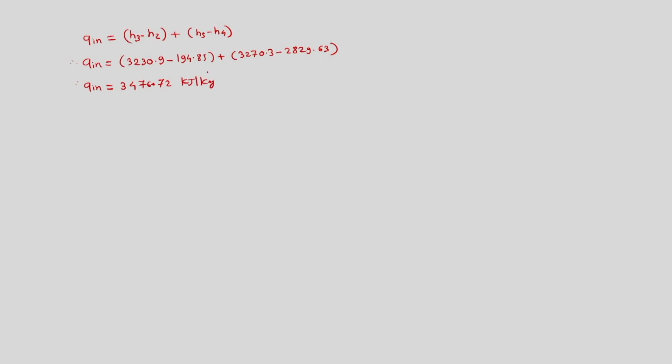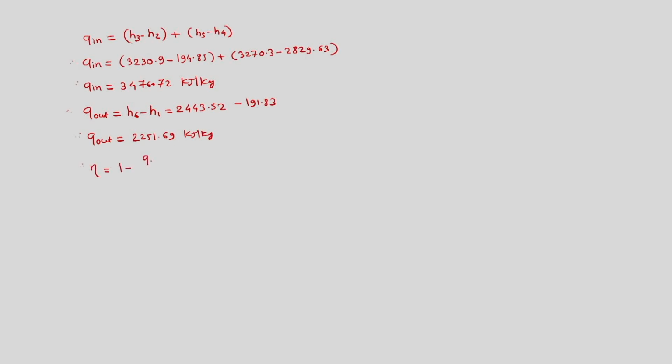Similarly we can find Q out, and Q out is equal to H6 minus H1. So it is 2443.52 minus 191.83, and we get Q out equal to 2251.69 kilojoule per kg.